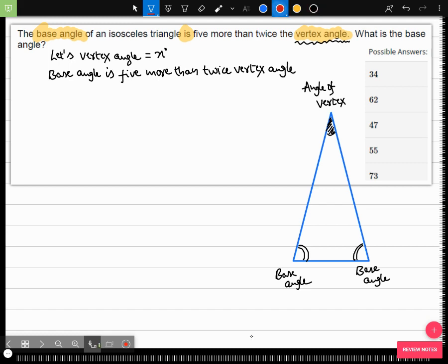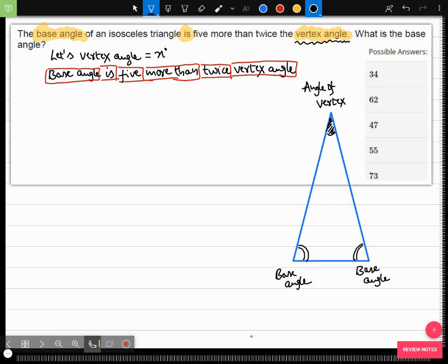Here I am going to give you one tip. Base angle, you separate them into bits and pieces: is, 5 more, than twice vertex angle.